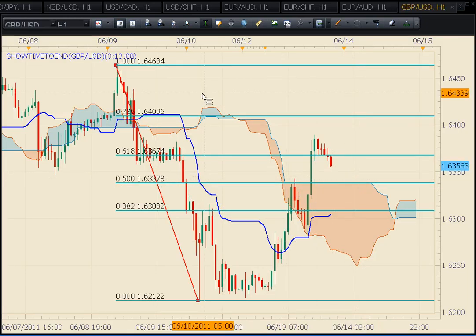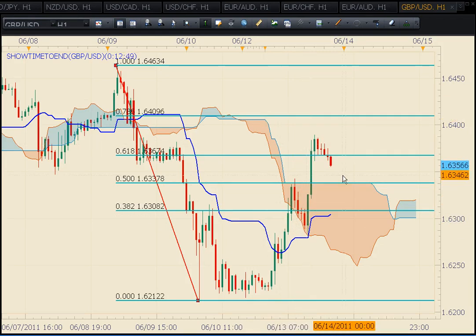So that 50% retracement is a strong confluence with this top here. So if you were looking at this move, you would say, okay, we're going to come down and we retrace 50%. It did hit that 50% and then it started to retrace, but it's moving back the other way.